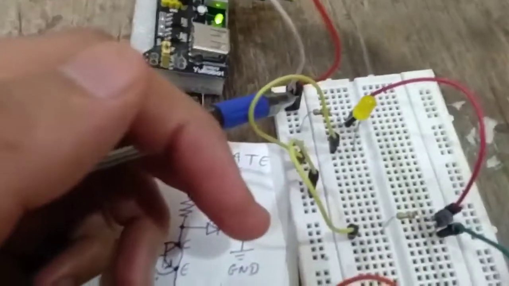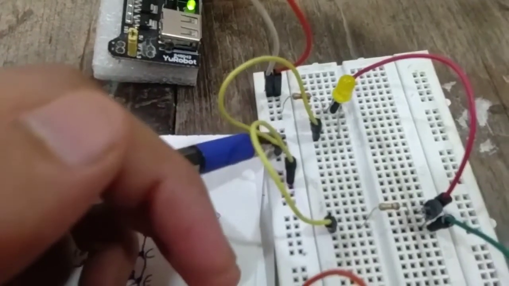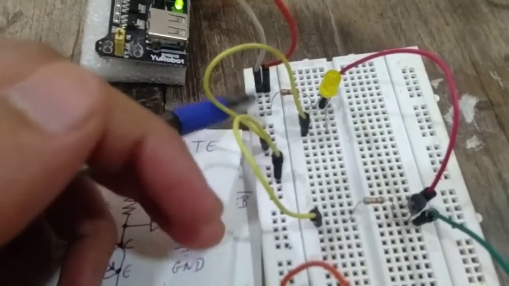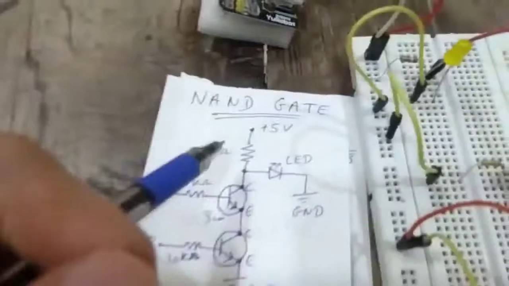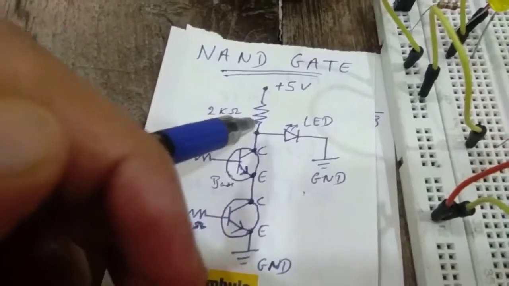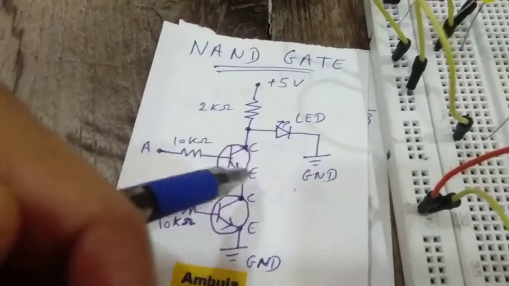This whole line with the red wire will be plus 5-volt, and the white wire connected on this line will be ground. As I said, this plus 5-volt is connected to this 2 kilo ohm resistor, which is connected with the collector terminal of the first transistor.